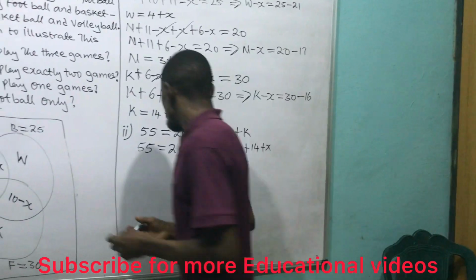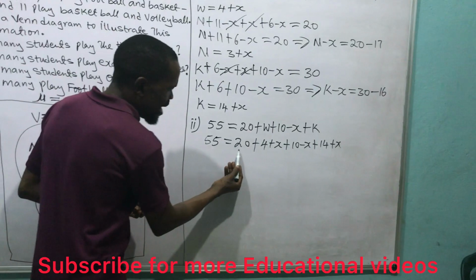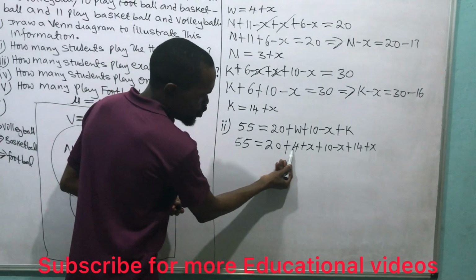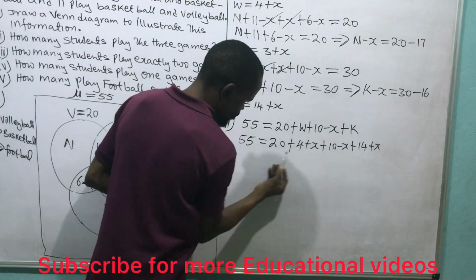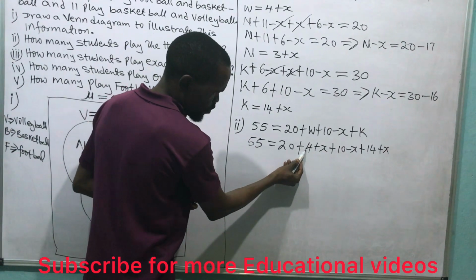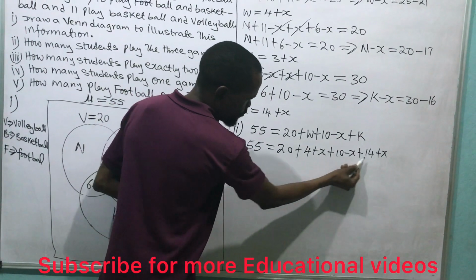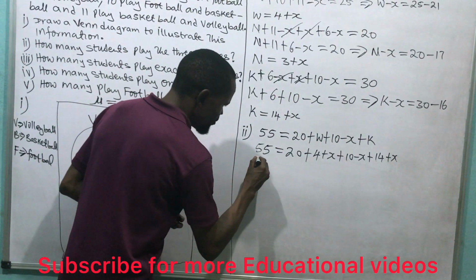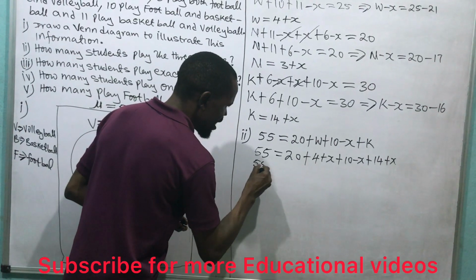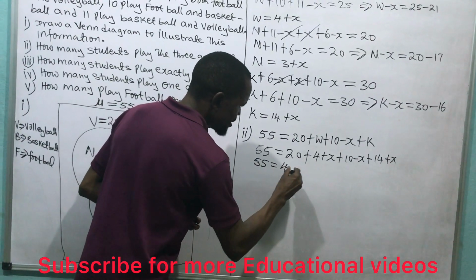So now, collecting the like terms, I have 20, 24, that's 4, 34, and I have 48. Look at that: 20, 24, then 34, 48. Are you getting what I'm saying now? That means my 55 is equal to 48.